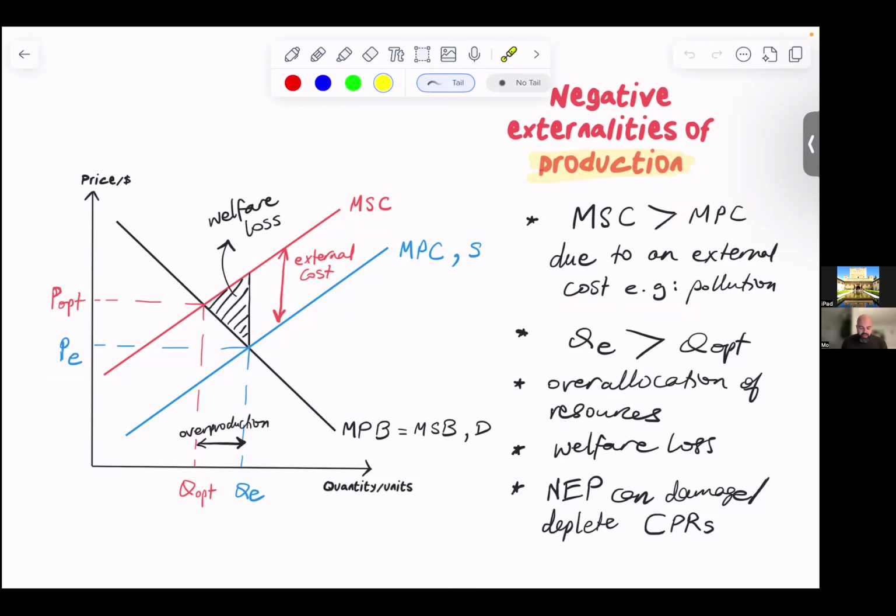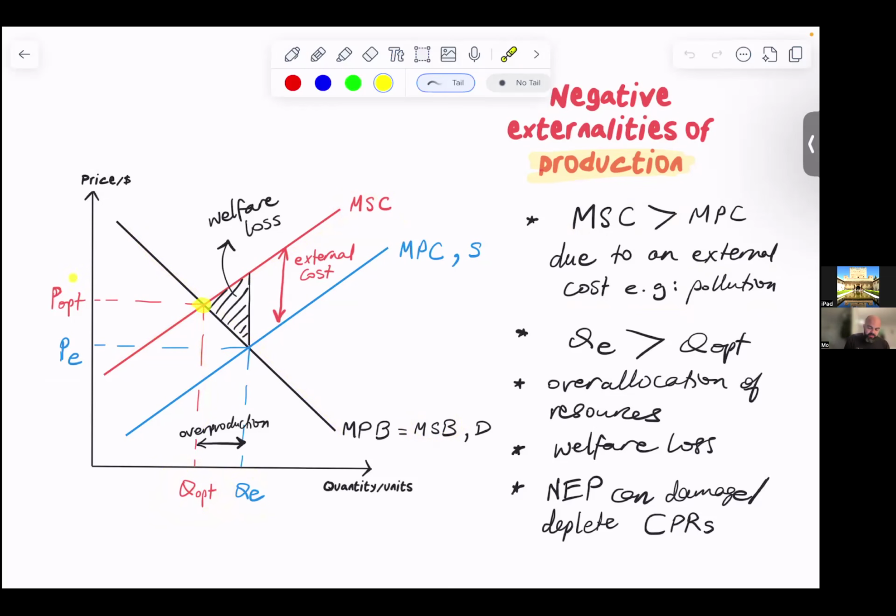The intersection of MSC and MSB is what we call the point of allocative efficiency. This gives us Q opt. This is the ideal quantity that the market should be producing. So the market is producing QE, but it should be producing Q opt.